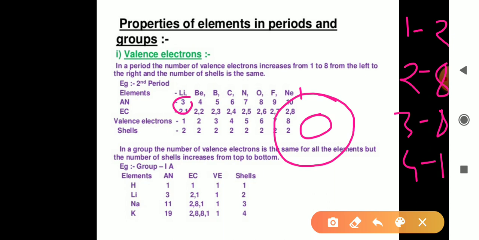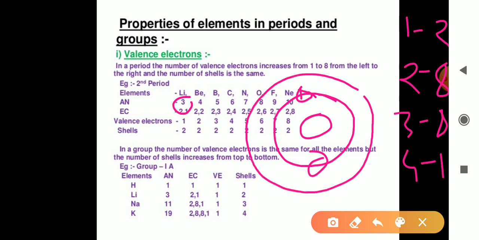So in the first shell there are 2 electrons, this 1 electron and the second electron. But lithium has 3 electrons, so we have to draw one more shell, the second shell, and this second shell contains the remaining electron, the remaining 1 electron.